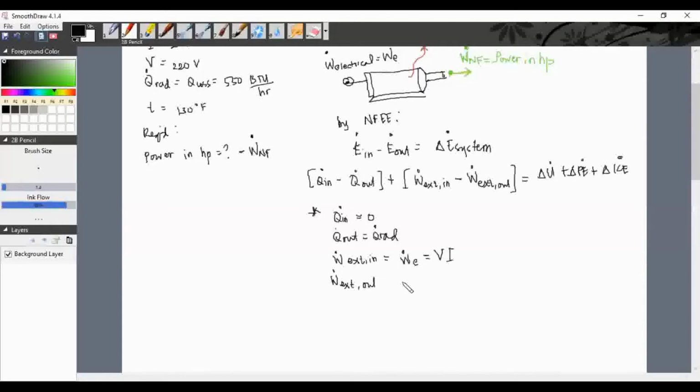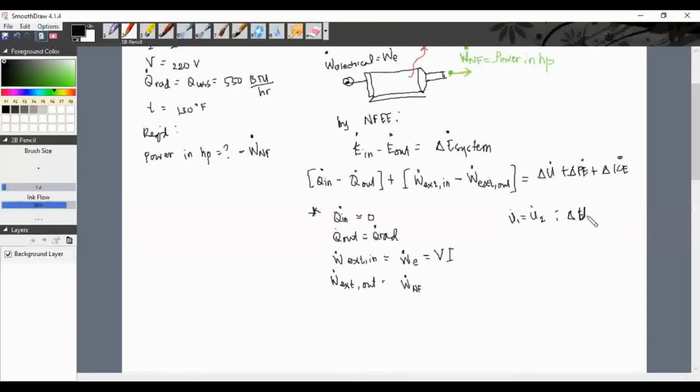Okay? Next, yung ating work, external out. Ito yung work non-flow. Ito yung hinahanap natin. No? And then, wala naman nabanggit tungkol sa internal energy. So, assume natin that U1 is equal to U2. Thus, there is no change in what?